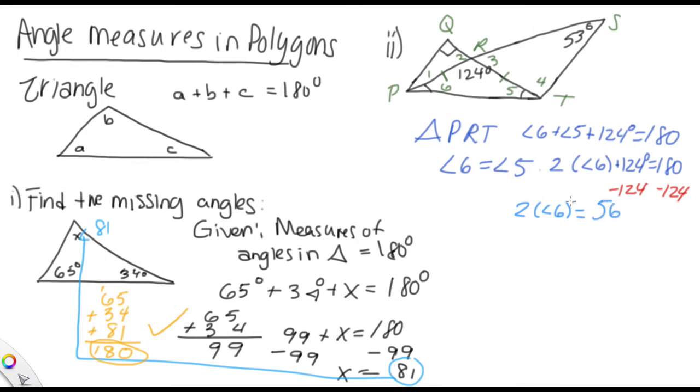Now I want to get angle 6 by itself. So I divide by 2, and I have that angle 6 equals 28 degrees, which, since angle 6 equals angle 5, also equals angle 5. So we found 2 of these just using this first triangle.